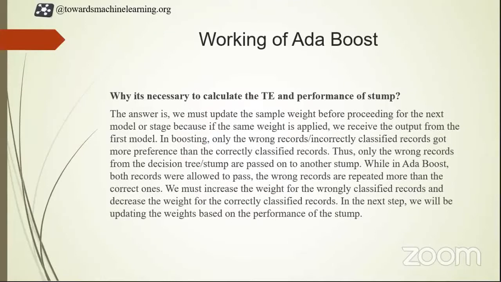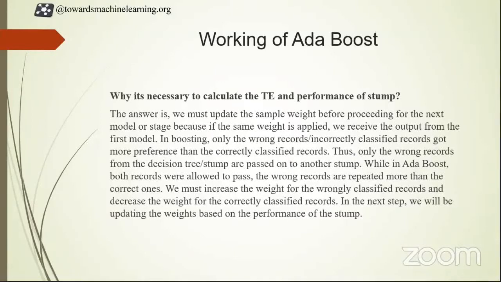As I told you, we have to increase the weight for the misclassified samples, and we have to decrease the weights for the correctly classified samples. So that's the main reason behind why we are calculating this total error and the performance of the stump. Because as you know, in boosting only the wrong records, the misclassified records, get more preference than the correctly classified records.